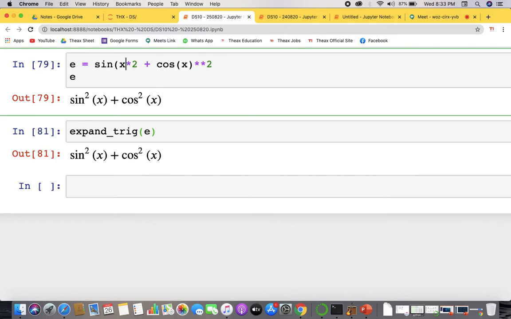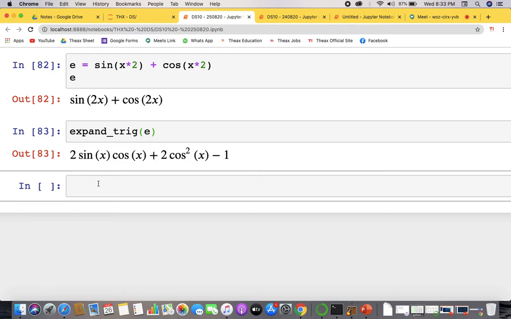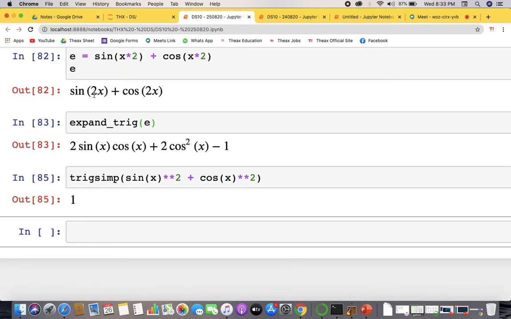So let's edit it, and say this is sine 2x and cos 2x. It will give 2 sine x cos x plus this. Expanding sine square x plus cos square x gives 1. That is solving some trigonometric identities. So that was not an expression, that was an identity to be solved. We'll go into this function later on. For expanding any trigonometric formulas and all, you can use expand_trig and you'll get the results there.